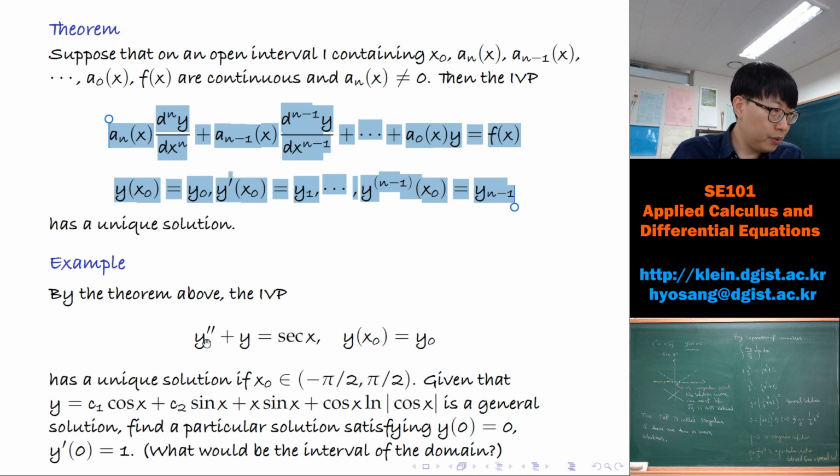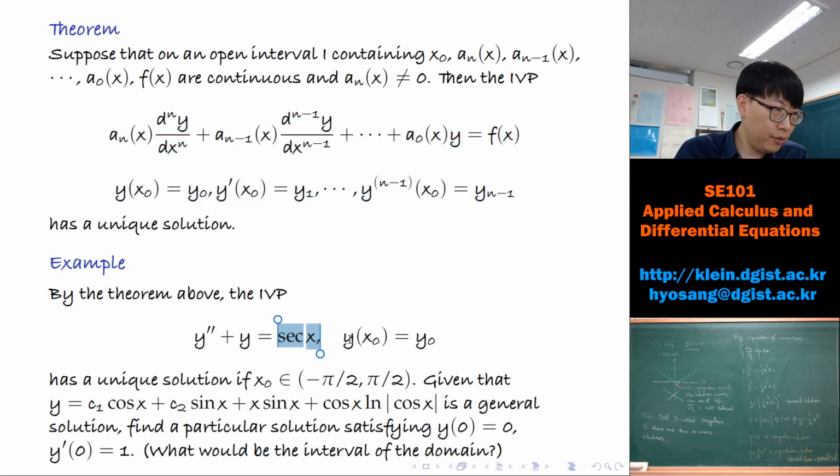Let's see, for example, we have y double prime plus y equals secant x, and the initial condition is generally given by x0, y0. It has a unique solution if our value x0 lies between minus pi over 2 and pi over 2.